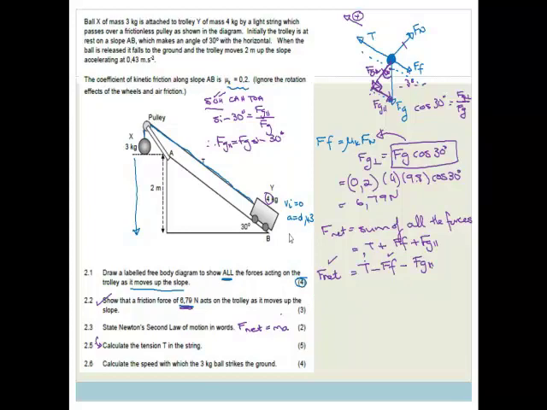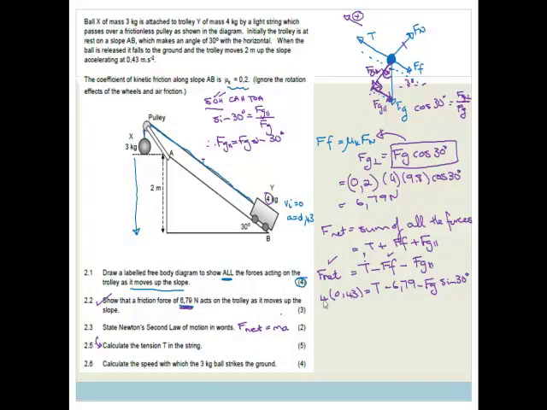So we've got F net, which is the mass of this, which is 4, and we know it's accelerating at 0.43, equals the tension in the string minus the force of friction, which they gave us, which is 6,79 minus Fg sine 30 degrees. Now I'm taking it slowly so you can see what I'm doing.